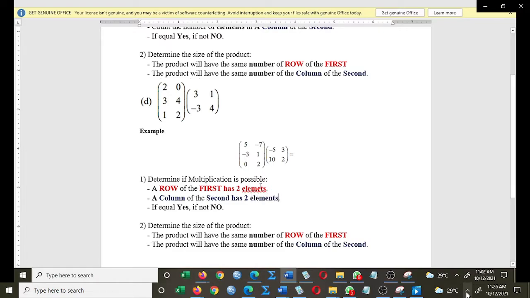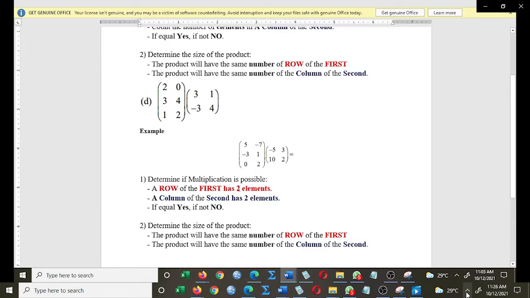Direct your mouse so I can see what you're looking at. That's the first matrix, right? Look at a row in it. How many elements do you see in that row? 2.